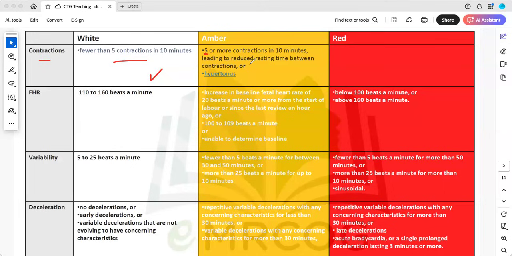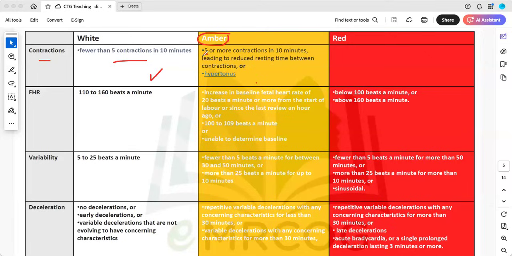Or, for example, if I have a hypertonus contraction that lasted more than 2 minutes, a hyperstimulated uterus, I'm saying this is again amber. And contraction does not have a red feature.